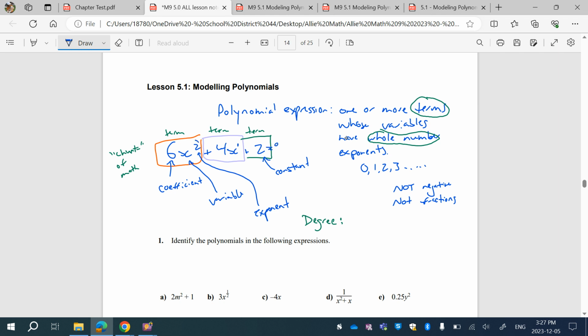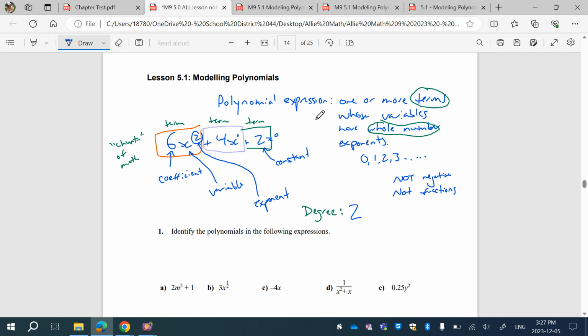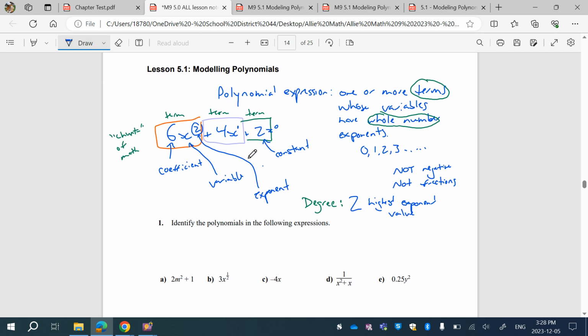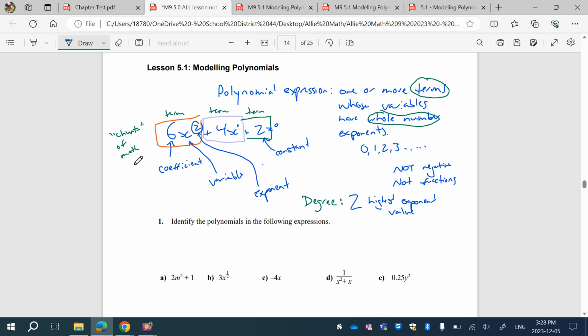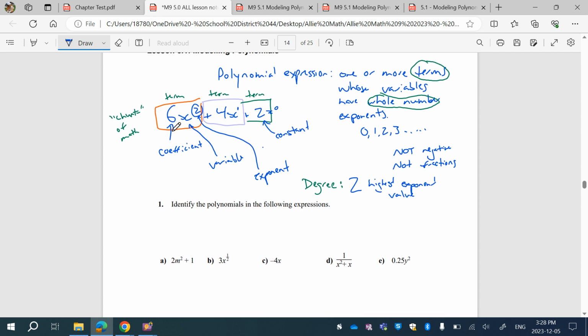But our highest exponent is 2, so the degree of this polynomial is 2. So let's say highest exponent value. Okay, a few definitions, try to get those down in the space provided.